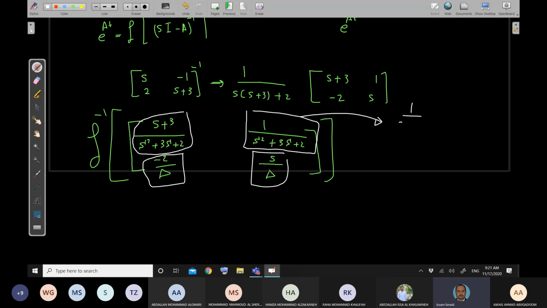It is 1 over S plus 1 times k1 plus k2 over S plus 2. So if I take the Laplace inverse, this would be k1 exponential minus t plus k2 exponential minus 2t. And you will do it here, here, and there. Good.